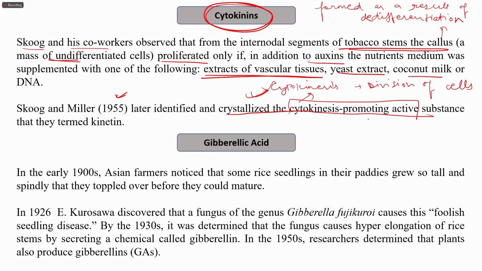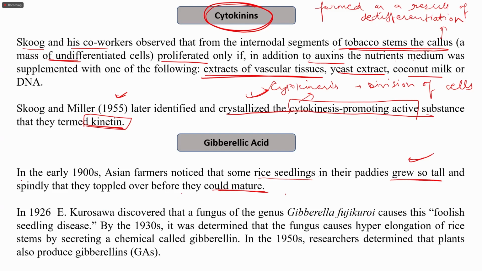The first cytokinin that they identified was termed kinetin. The third one is gibberellic acid. In the early 1900s, Asian farmers noticed that some rice seedlings in their paddies grew so tall and spindly that they toppled over before they could mature.